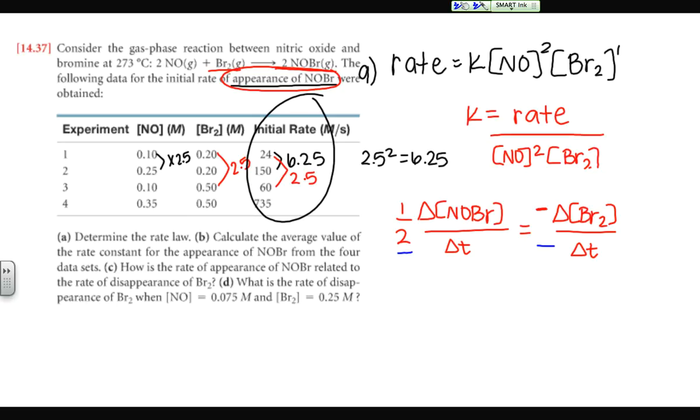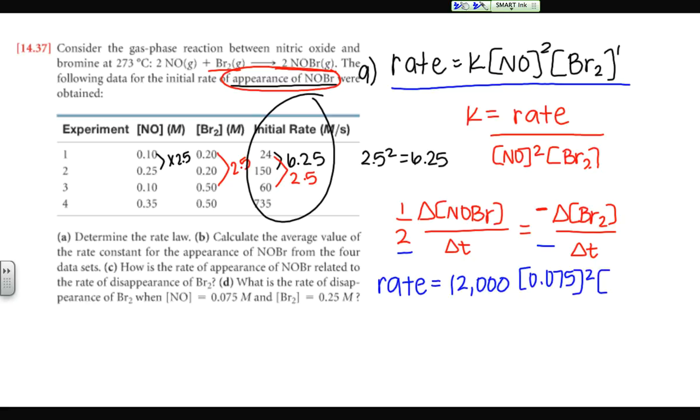So I'm going to start by putting my data into my rate law. So rate is equal to my K value, which I found was 12,000, times, going back up to my original rate law, my black one at the top, my concentration of NO, which is 0.075 squared, times my concentration of Br2, 0.25.